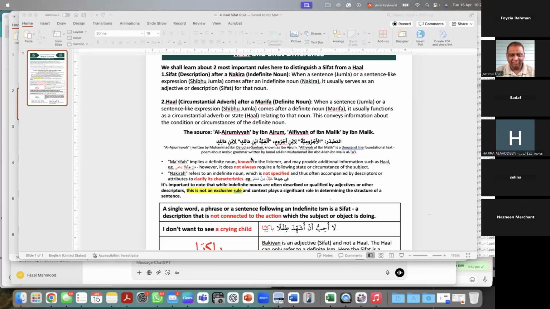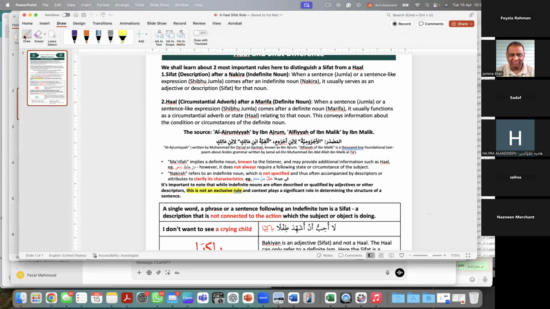Now, jumla you understand, and what is shibu jumla? Can somebody remind me, please? What is shibu jumla? It looks like a jumla, but it's not. Example of that? I think we gave some example yesterday.